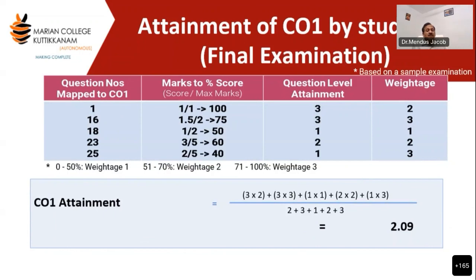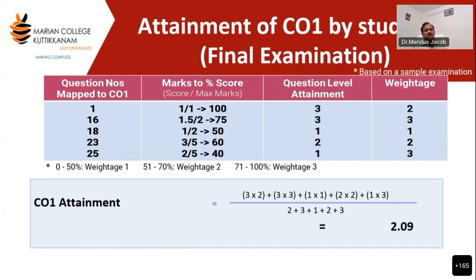Here the question numbers mapped to CO1 are listed. All these 25 questions may be mapped to different COs, and I'm selecting those questions from the question paper which are mapped only to CO1.